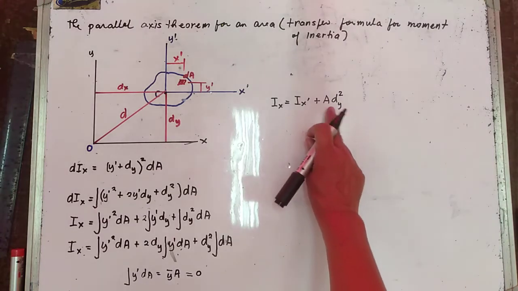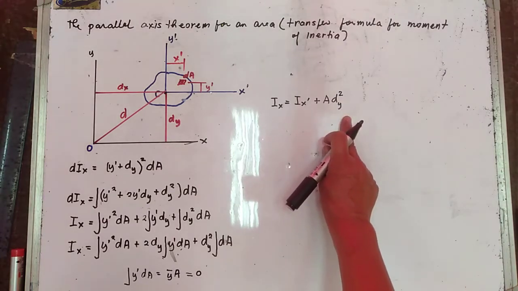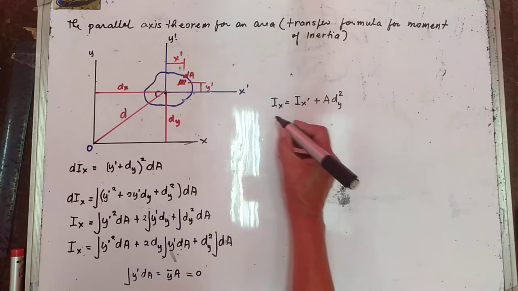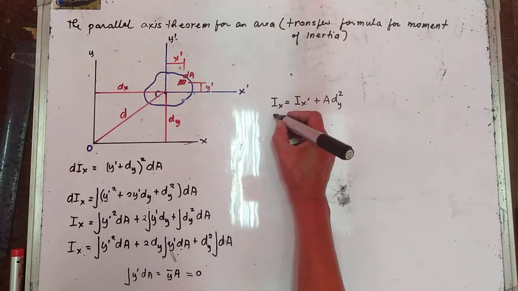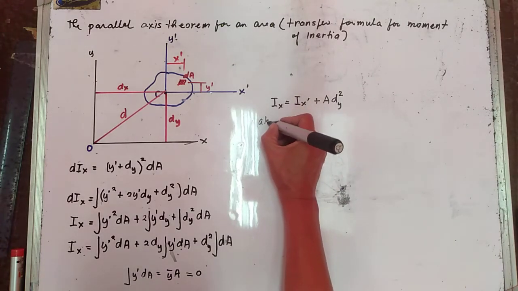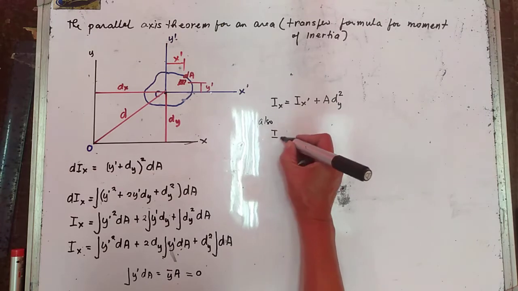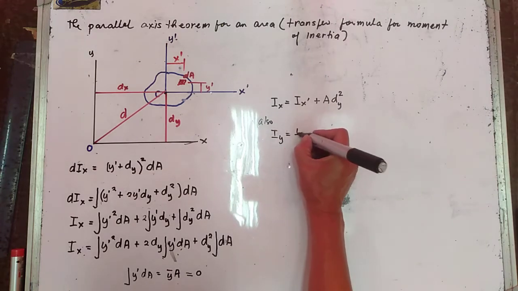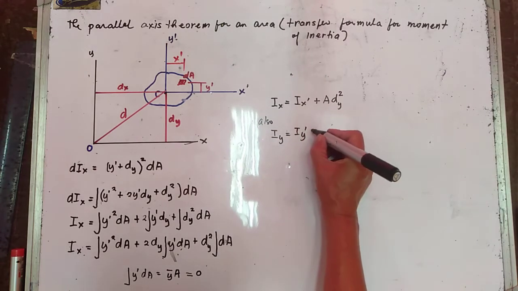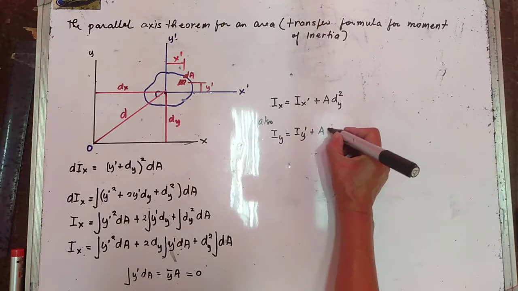So this is d parallel to the y-axis. Or your Iy, also, you are going to get your Iy is equal to I y prime plus A times d square.